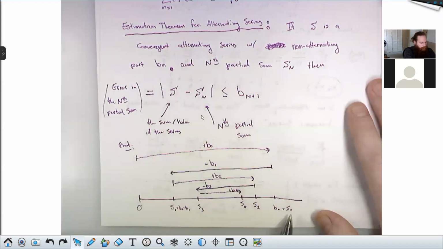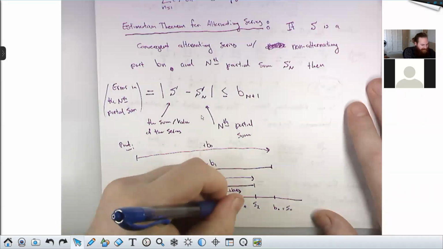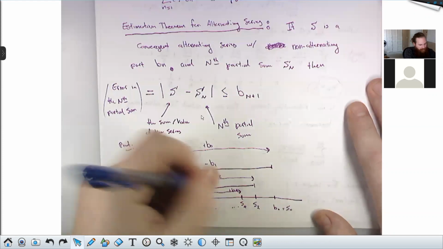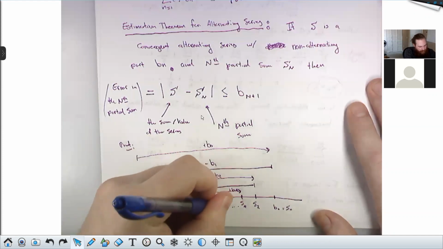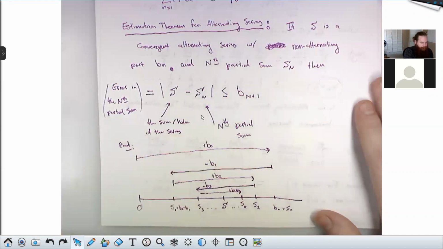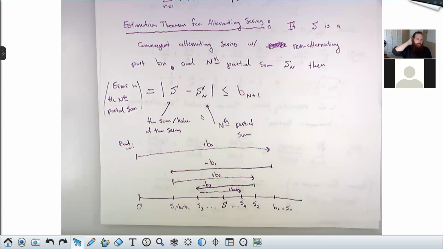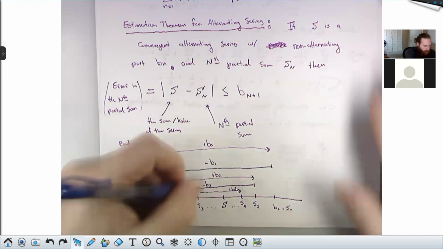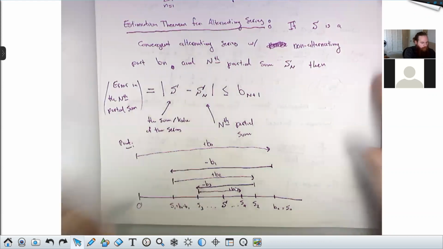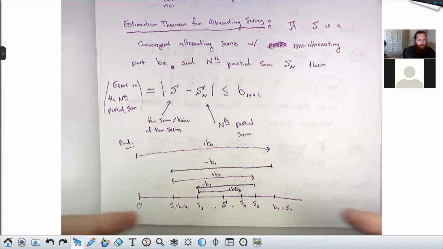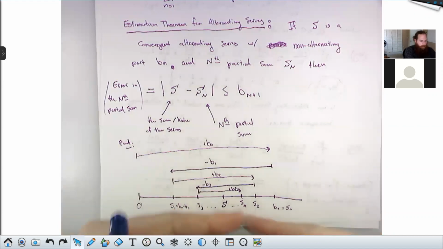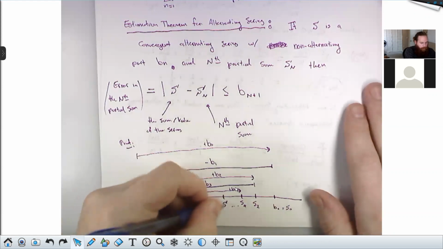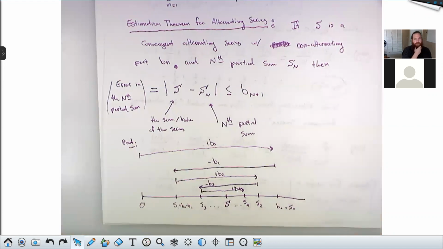So my sequence S0, S1, S2, S3, S4 is nesting. And since the Bn's go to 0, the distance that I jump back and forth eventually goes to 0, which means not only are these guys coming in like this, but that they have to eventually land somewhere, and that's the value of the series.